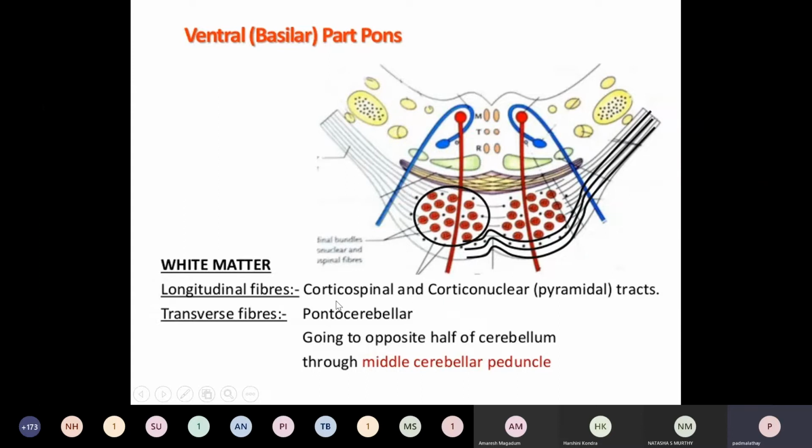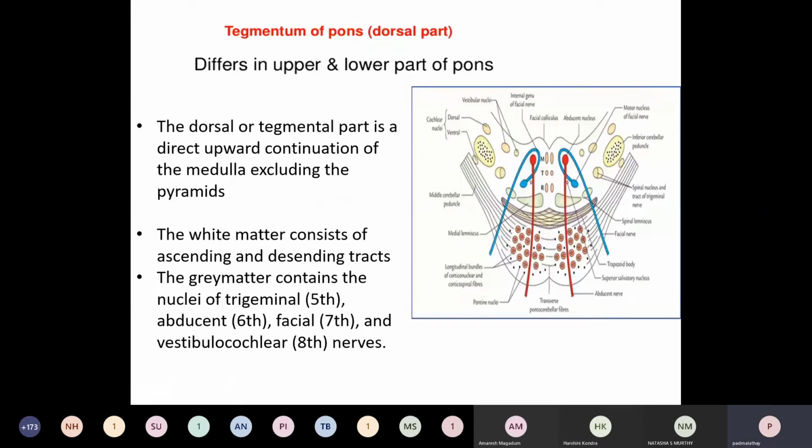So they are called the corticospinal and corticonuclear fibers. The transverse fibers I have already told, they reach the cerebellum through the middle cerebellar peduncle, called pontocerebellar fibers. So that is the basilar part. The basilar part contains the pontine nuclei, longitudinal fibers and transverse fibers.